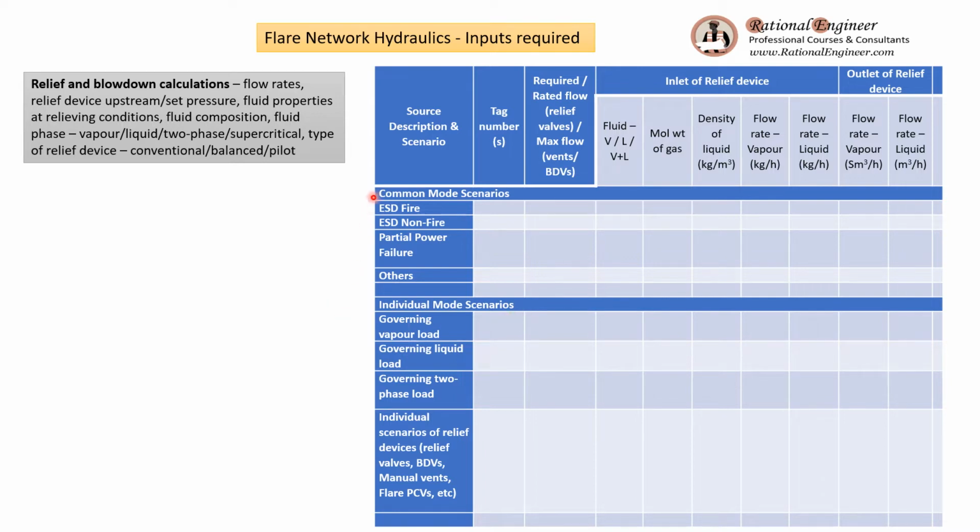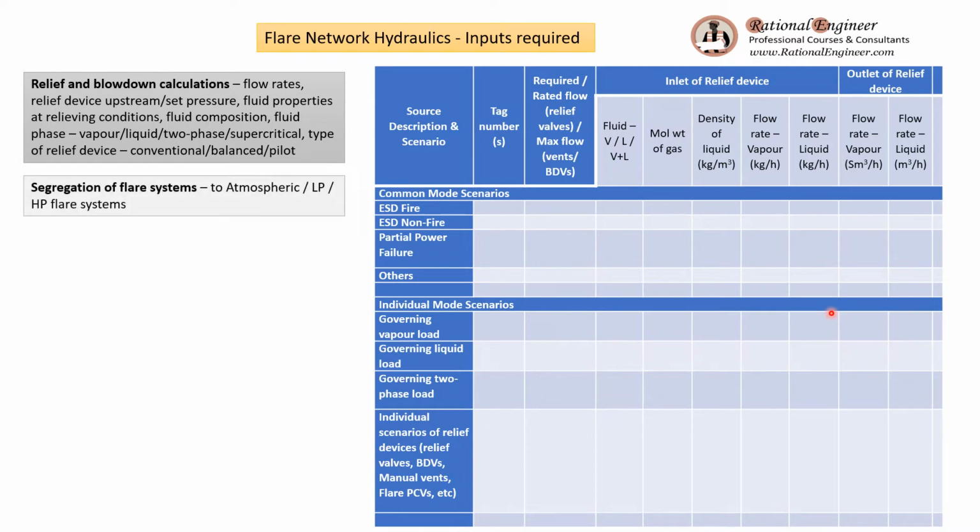And then there are the common mode scenarios where multiple relief devices would open at the same time, for example due to emergency shutdown during fire or due to non-fire initiators, power failure, partial power failures, and other such common mode scenarios. The total relief load or the flare load is estimated and listed in such tables.